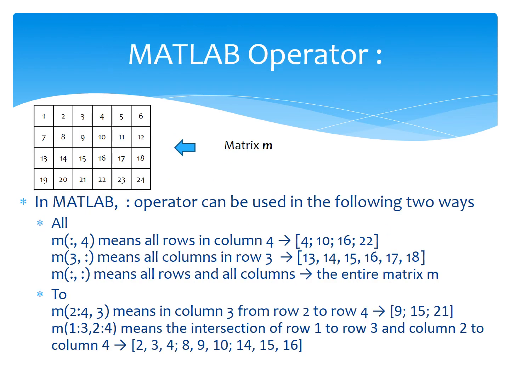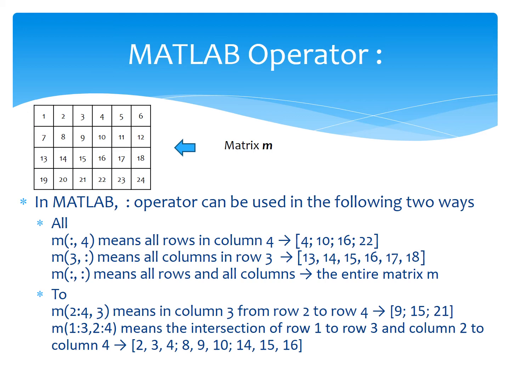In addition to subscripts and linear indexing, the colon operator can be used in the matrix indexing to offer a convenient way to specify a set of elements in the matrix. There are two ways to use the colon operator in matrix indexing, including all and to. When the colon operator is used alone in matrix indexing, the operator means all.